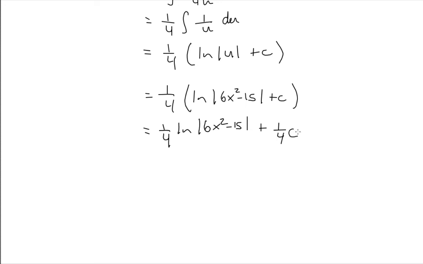And this 1/4 c is 1/4 times some arbitrary constant c. And of course, a number times some arbitrary other number will just give you an arbitrary number. So this becomes 1/4 natural log of the absolute value of 6x squared minus 15 plus some arbitrary constant d.